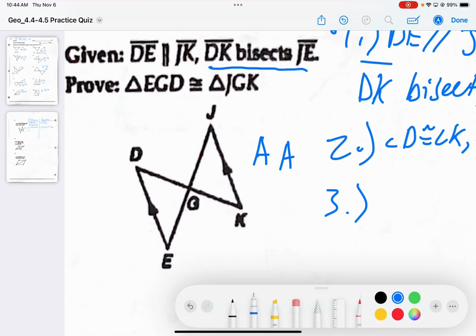DK bisects JE. That's getting cut in half. On that blue highlighted segment, what would be my two congruent parts that come out of that? EG and GJ. Good job.